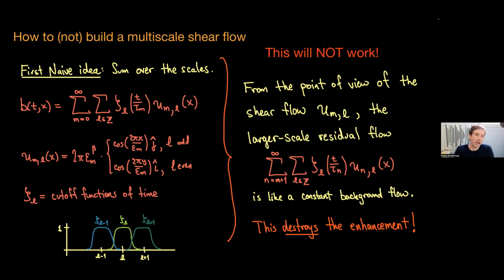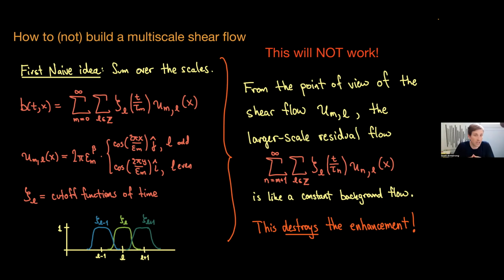So then you think, okay, well, this is not going to work. I don't know how to do it. Well, what you have to do is use the same idea, but when you put the small scales into your vector field, you have to put them in the coordinates of a particle being advected by the scales you've already put. In other words, you make an iterative construction: you first put the largest scales in, then you put the smaller ones after.